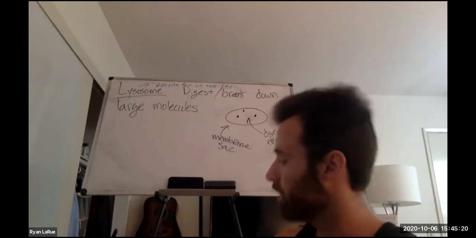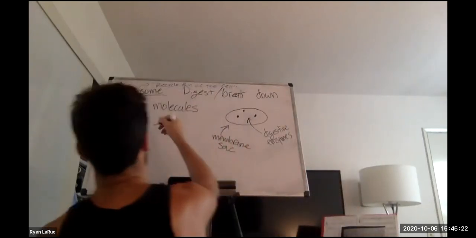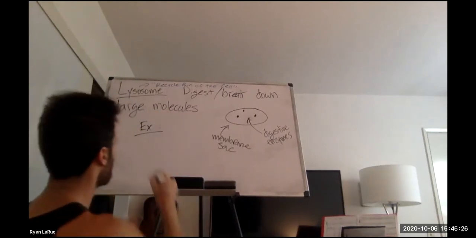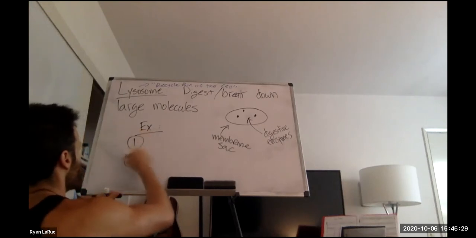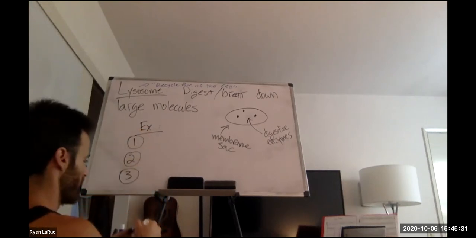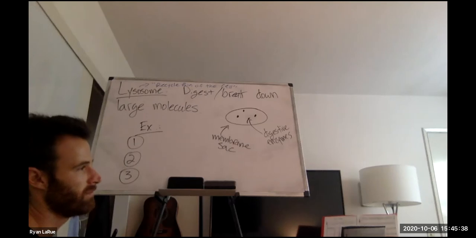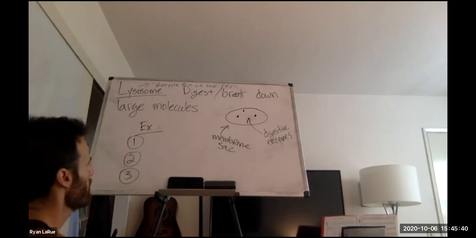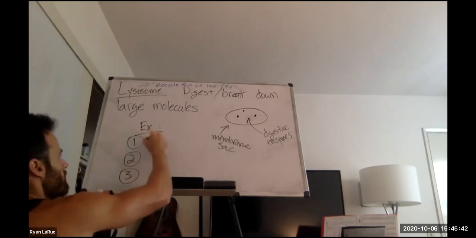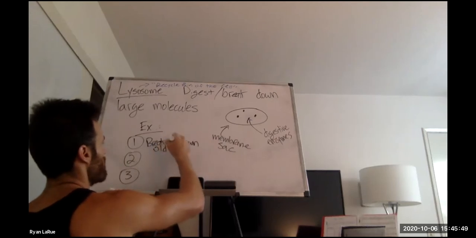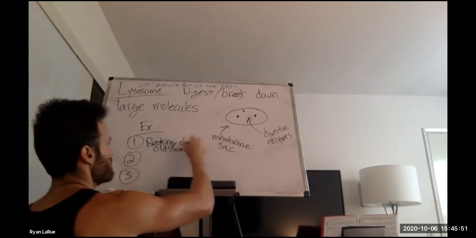So I might as well just write some examples of its uses. I don't know why I didn't before. Actually, I do. It took a long time at my other school, but might as well. So let's write breaking down old, worn out organelles.